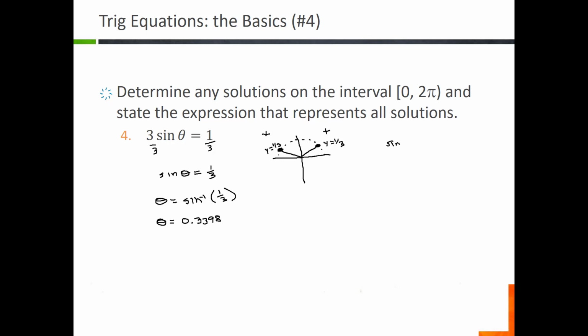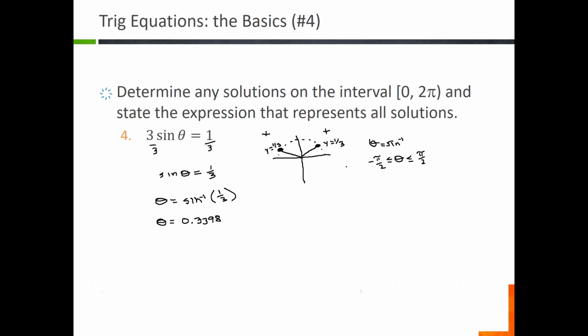When we compute inverse sine, our angle is going to be between positive π/2 and negative π/2. So it's going to be in the first quadrant as a positive value, or in the fourth quadrant as a negative value. Since this came out to be a positive 0.3398, I know that it's in the first quadrant.